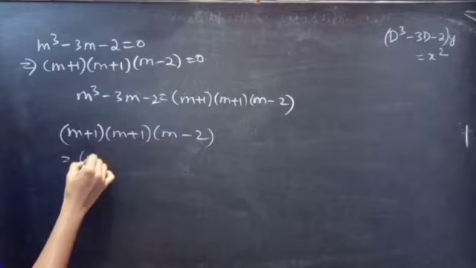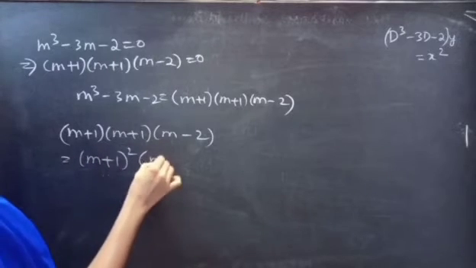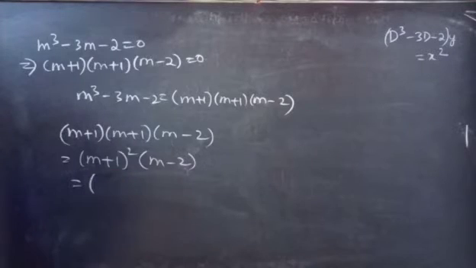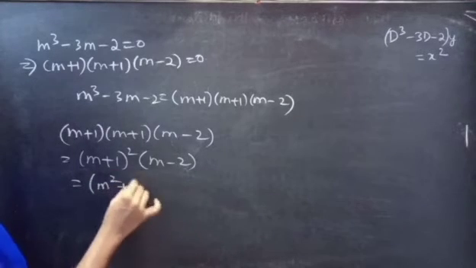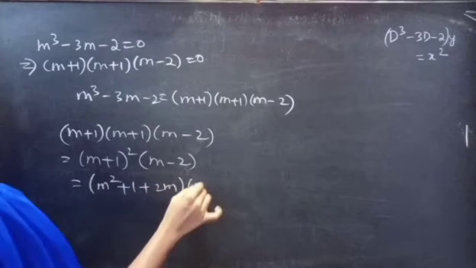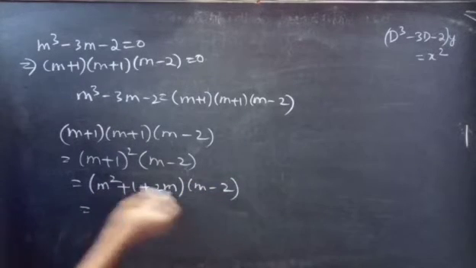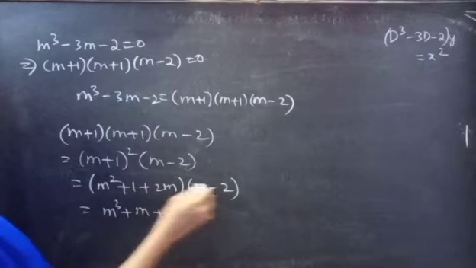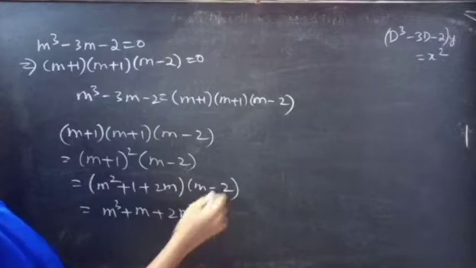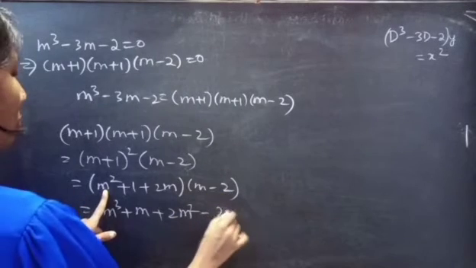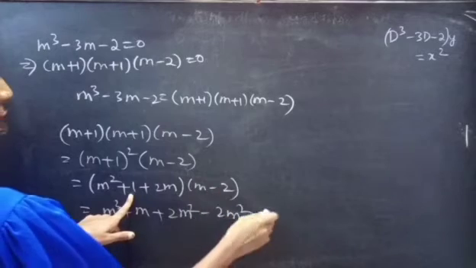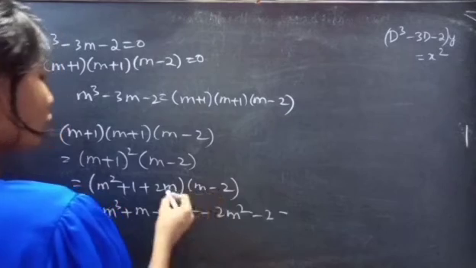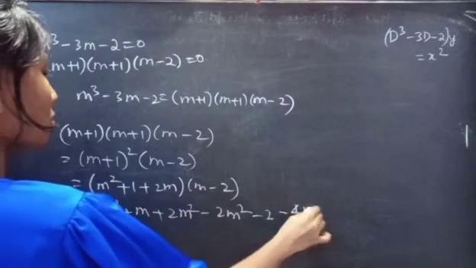m plus 1 into m plus 1 is m plus 1 whole square. Expand this using a plus b whole square formula. m square plus 1 plus 2m into m minus 2, which is equals to m square into m is m cube, plus 1 into m, plus 2m into m is 2m square, minus m square into 2 is 2m square, plus into minus minus 2 into 1 is minus 2, plus into minus minus 2m into 2 is minus 4m.